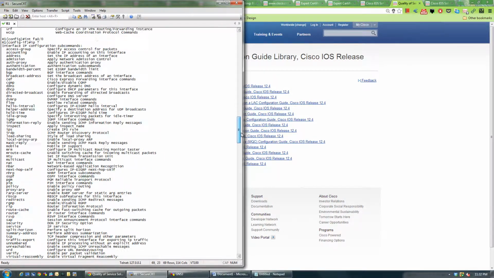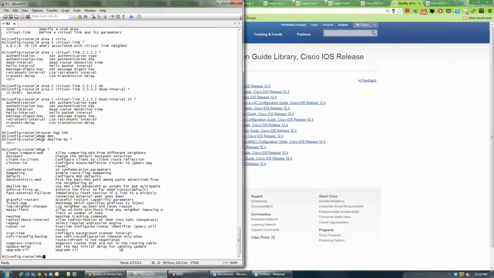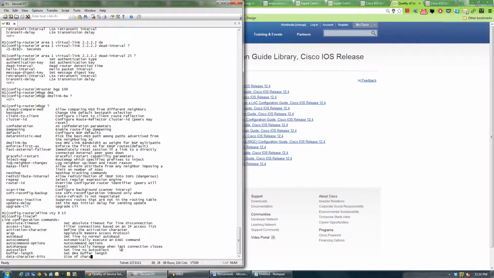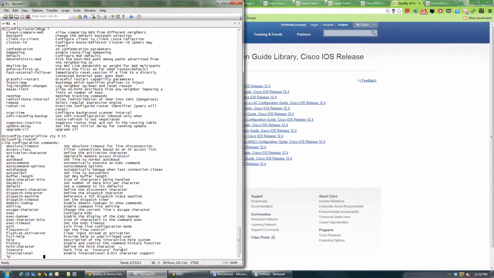Let me give one last thing. Okay, line console, line VTY, line VTY 9 to 15, whatever. Now see the number of commands line VTY has got.